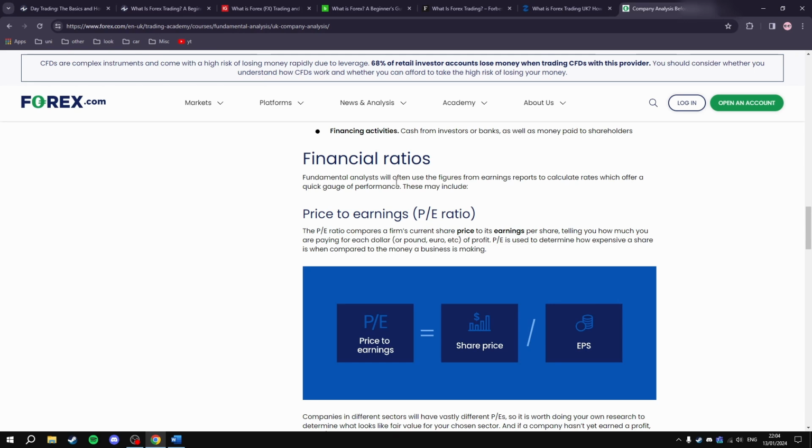Oh right, okay, so if you're paying £5 per share but they're only making £2, then you're making a loss. But if you're paying £5 per share and they're making £10, then you're gaining profits. Is that how it works?